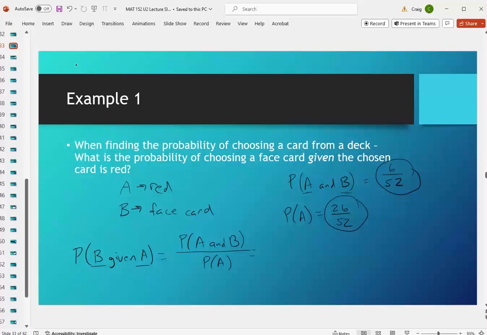Okay, but if we do that here, right, and we just divide the fractions, right, when you divide these fractions, what you're going to wind up with is 6 over 26, exactly what we had a second ago. Now let's actually simplify this. If we divide by 2, 3 over 13, or 23.1%.